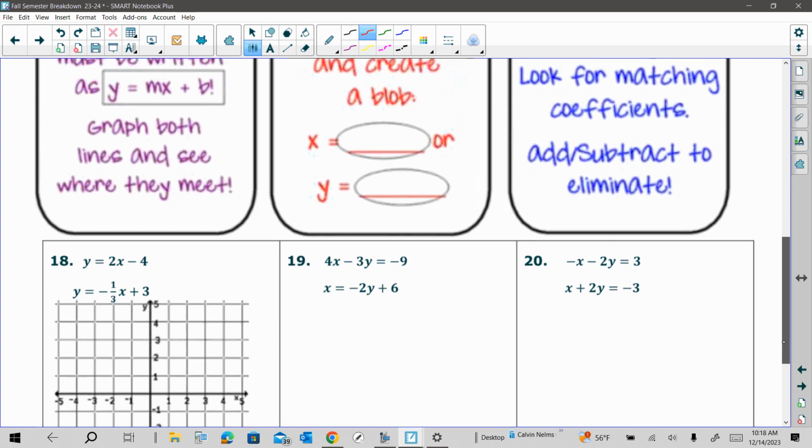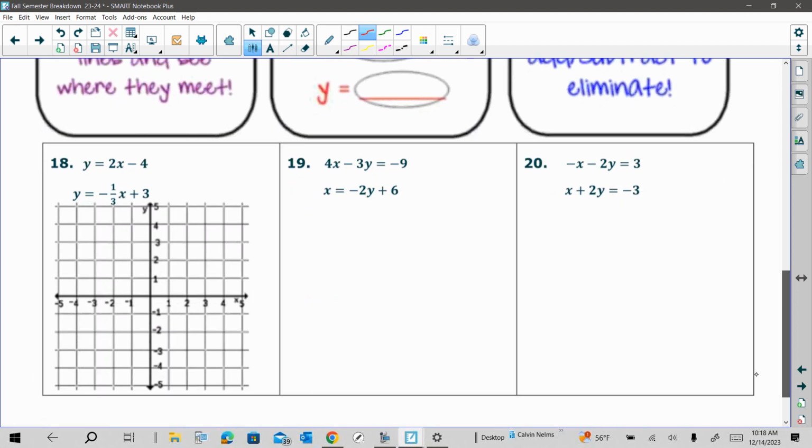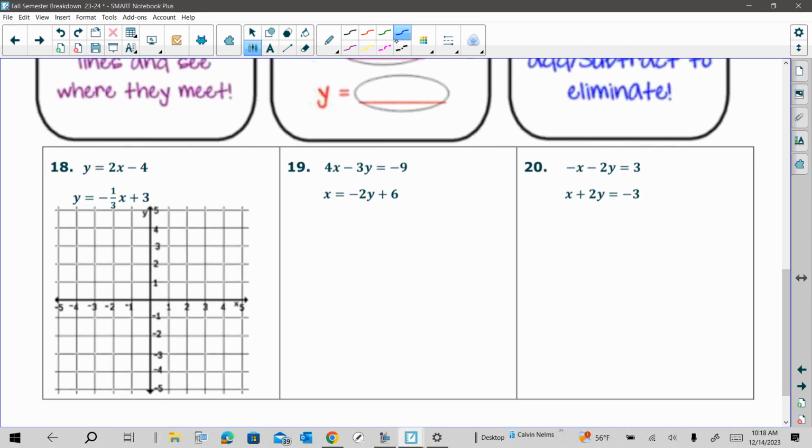If I'm doing the graphing, we would start with the y-intercept, -4, then move the slope. So pencil on -4, that's going up to the right one to create that line. Then we're graphing the second equation. The y-intercept is 3.